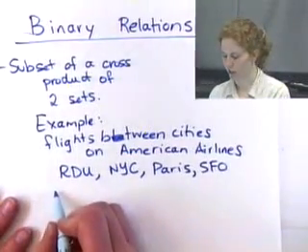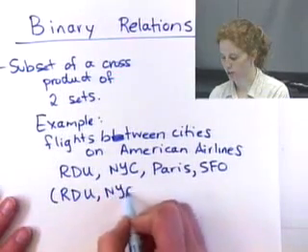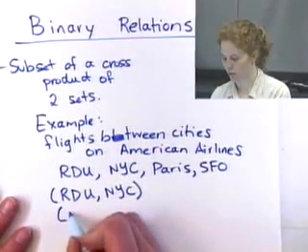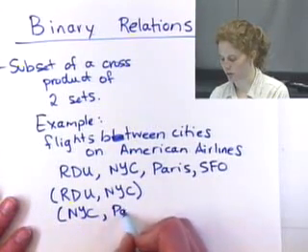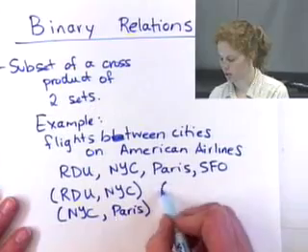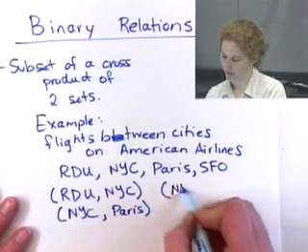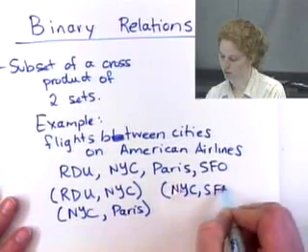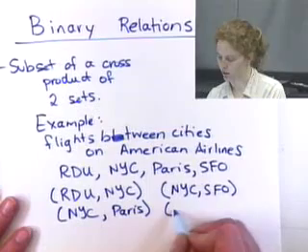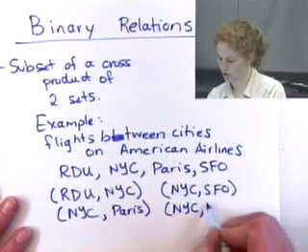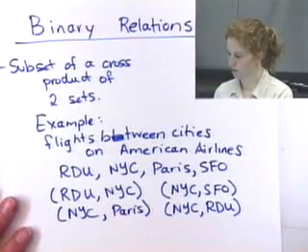Okay, let's say that there's a flight between RDU and New York City, and there's one from New York City to Paris, and there's a flight from New York City to San Francisco. And there's flights from New York City to Raleigh. And what else do you guys want? Anything else?